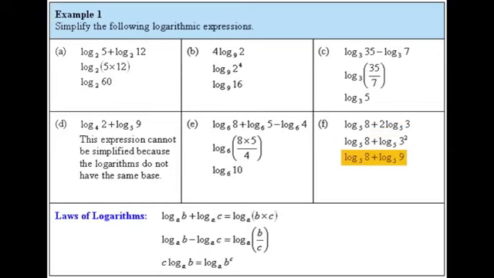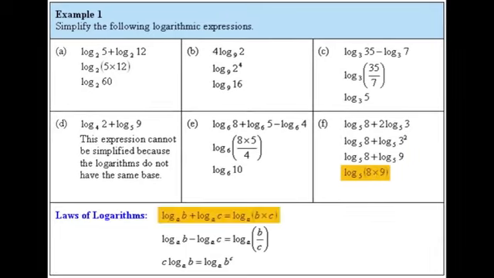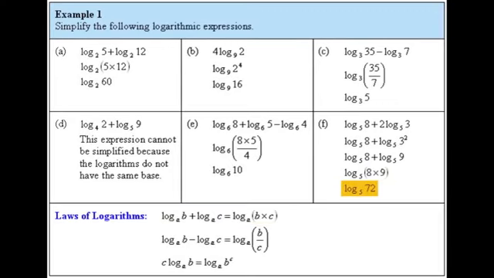And that 3 squared gives us a 9. Now I'm left with 2 logarithms with the same base of 5 that are being added together. That means I can use my first law of logarithms to simplify it further, such that it's expressed as log base 5 of 8 times 9, so that we ultimately get an answer of log base 5 of 72.